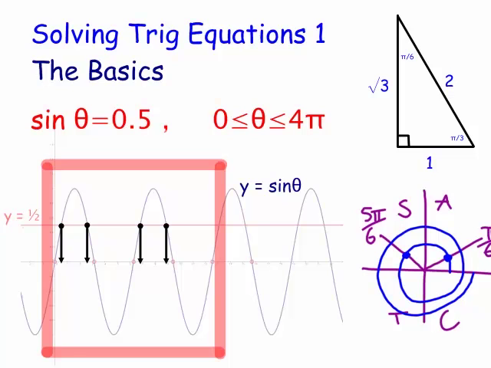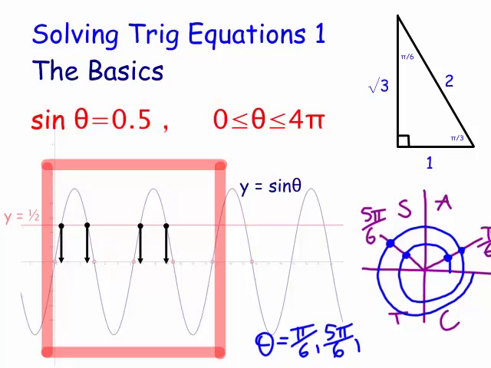Then we just have to add 2 pi to these values to get to this one, and 2 pi to that one. So what are our answers in this case? Theta would be equal to pi on 6 and 5 pi on 6, and then we'd add on 2 pi.